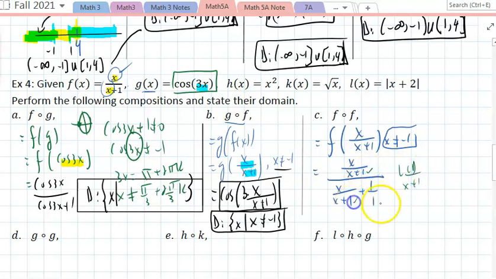LCD is x plus 1. This already has it, this already has it. If all the fractions at the top and the bottom had the same denominator, you ignore it and read the tops. That would lead to the top x over x plus 1, so that would be x over 2x plus 1.